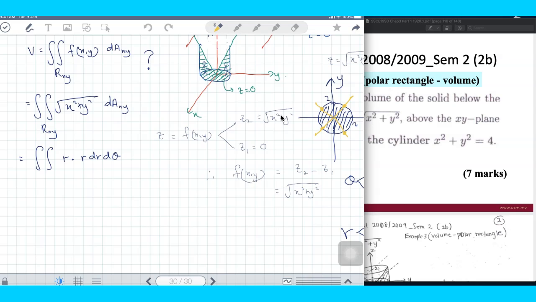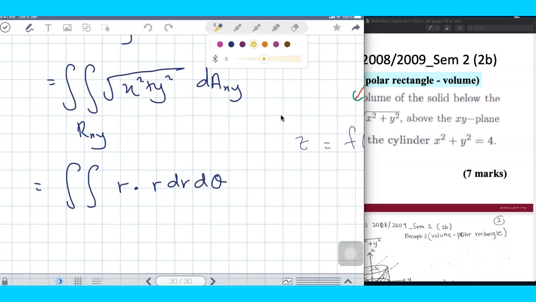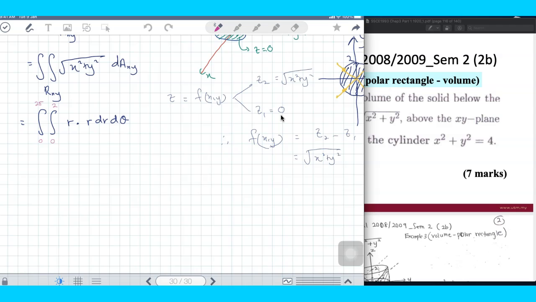So then we substitute theta is 0 to 2 pi, and r is 0 to 2. Then we can evaluate that. We have r squared, so 1 over 3 r cubed from 0 to 2 d theta.